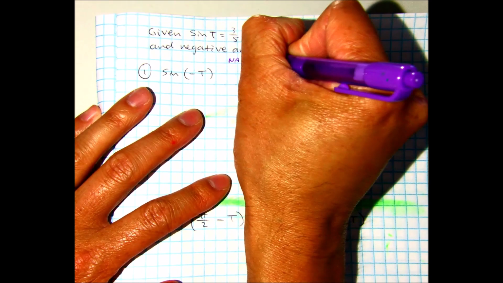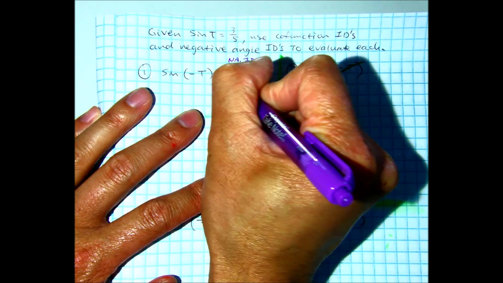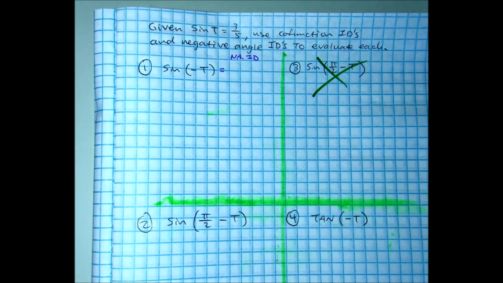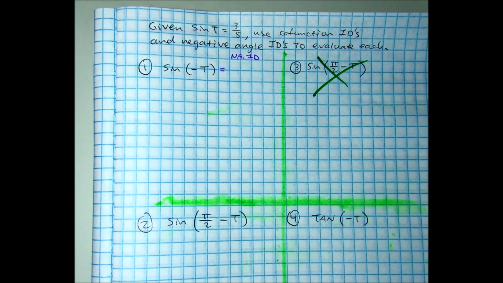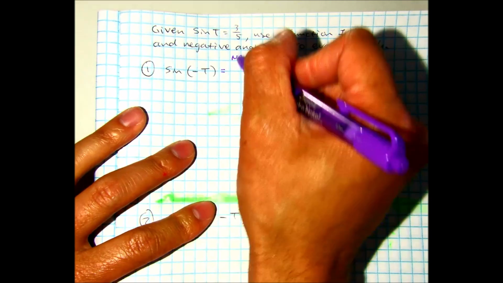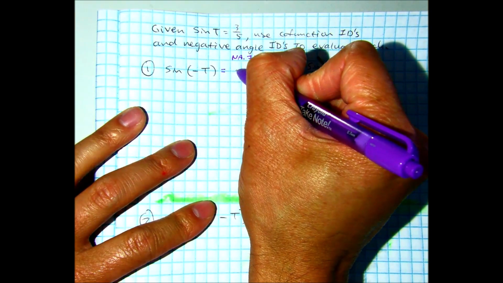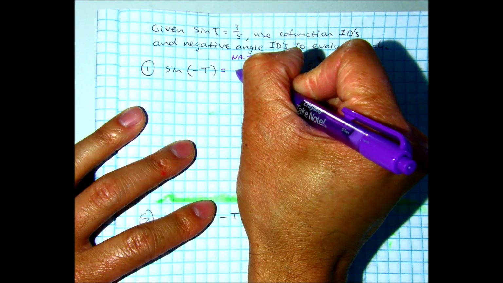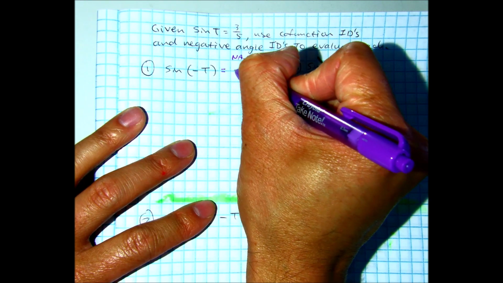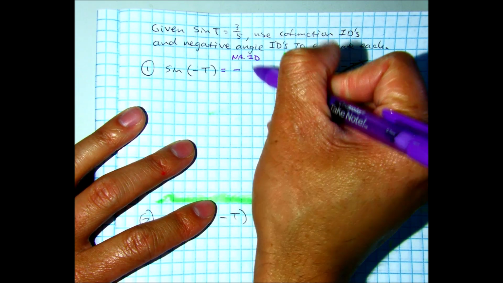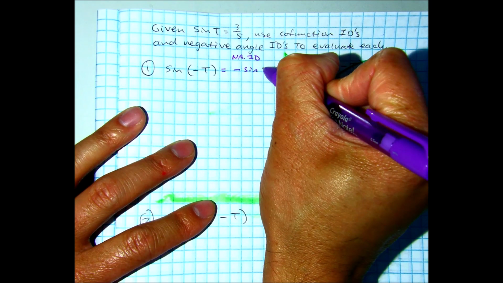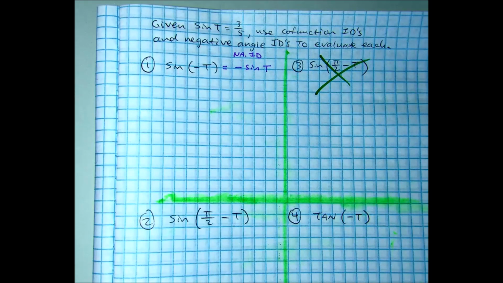Hannah, tell us the negative angle identity for sine. Negative sine theta or negative sine t.